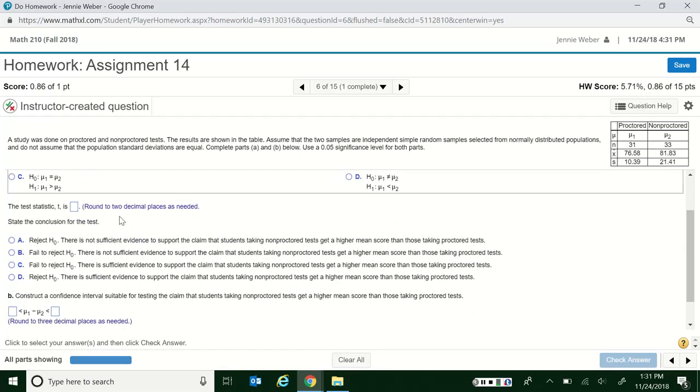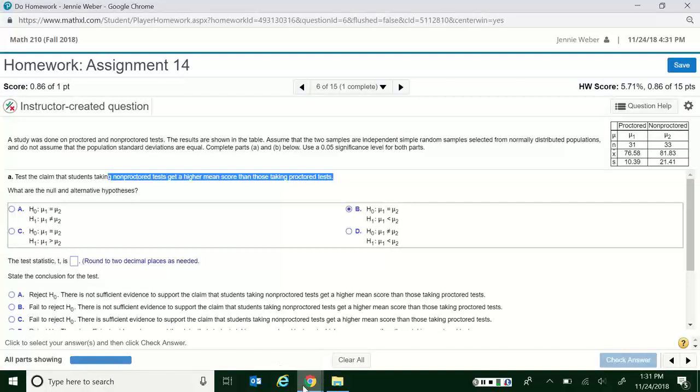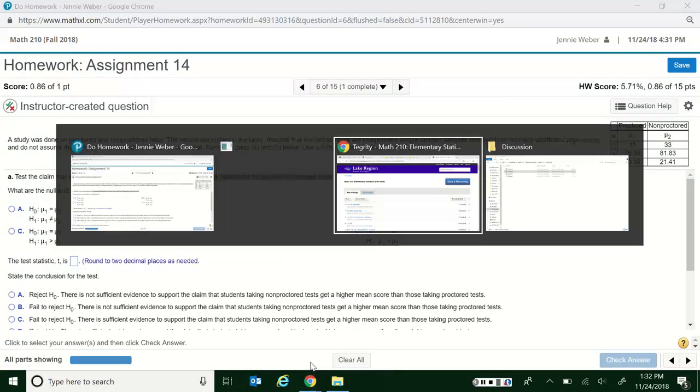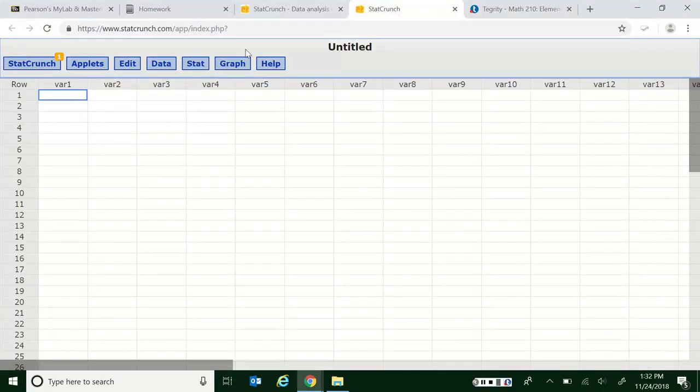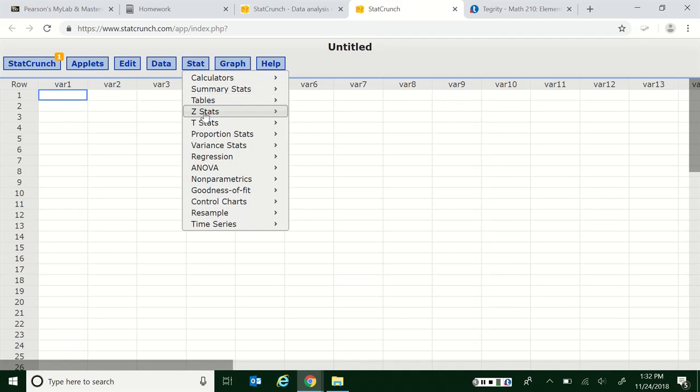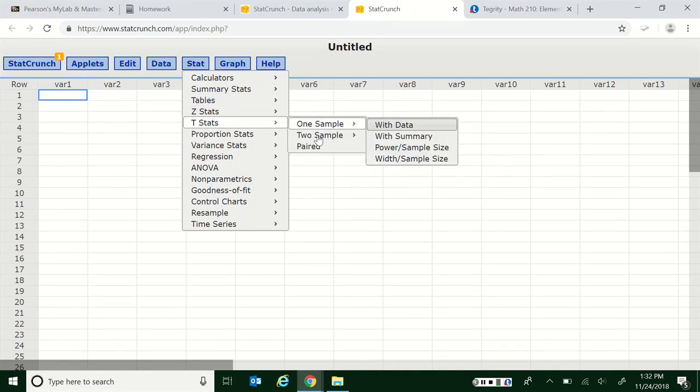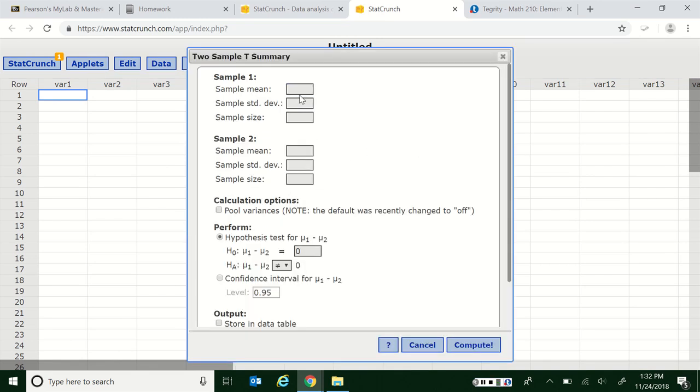Okay. Then to do this in StatCrunch, we are going to open up StatCrunch, which is one of these 4 million screens I have open. Right, there we go. And we're going to go to Stat, T-Stats, Two Sample, With Summary, okay? And then we're going to put in the information.